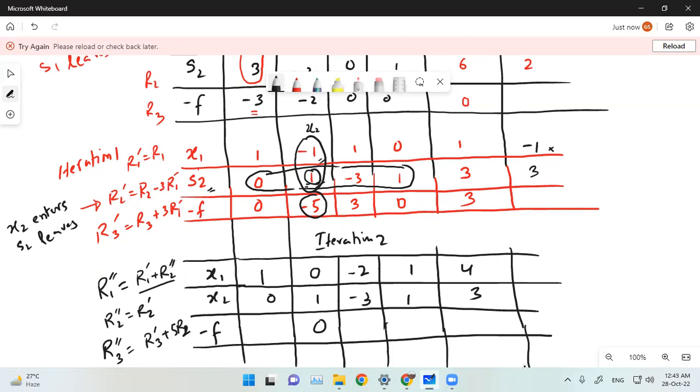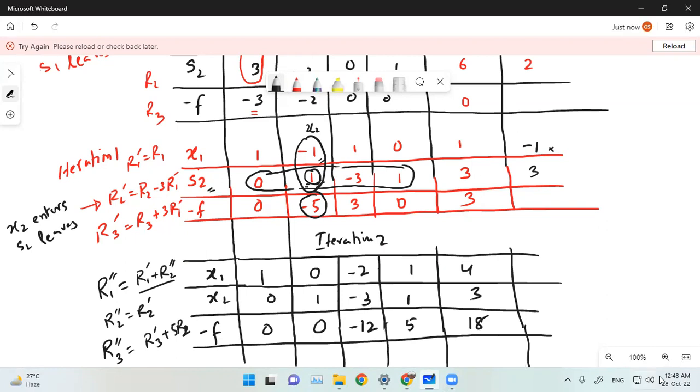So 0 plus 0, 5 into 0 is 0. This is already 0. Then 3 minus 3 into 5, that is 15, so basically minus 12. And this will be minus plus 5, so basically 5, and 3 plus 15, that is 18.